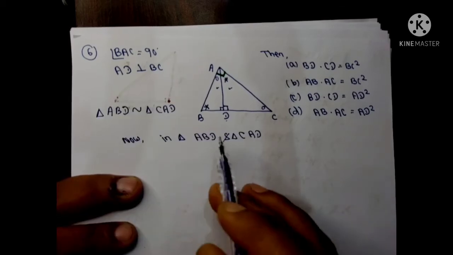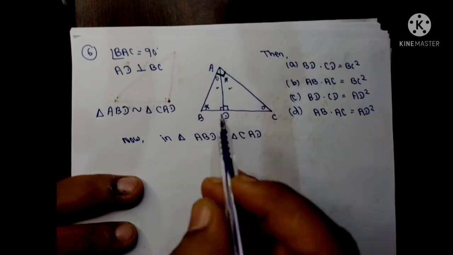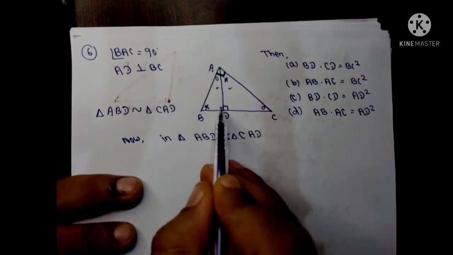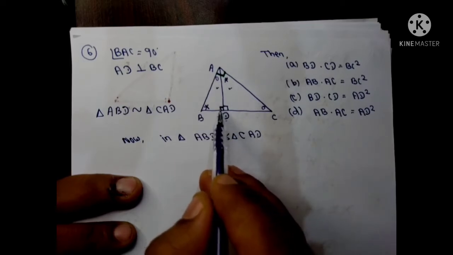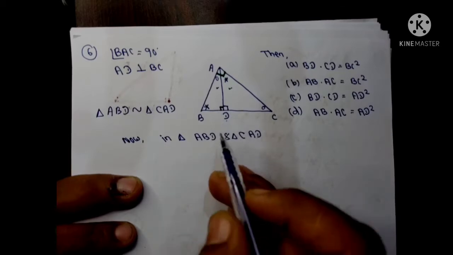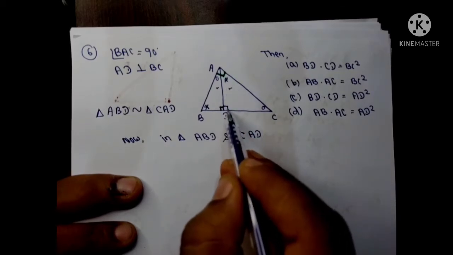Now look at the two similar triangles ABD and CAD. So here AB is the side just opposite to the right angle and AC is the side just opposite to the right angle of the second triangle.